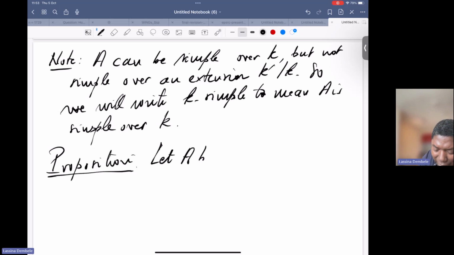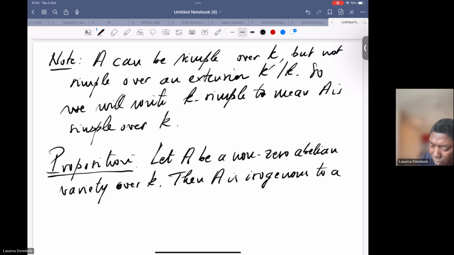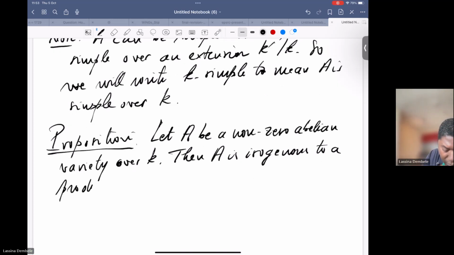So let A be a non-zero abelian variety over K. Then the proposition says that A is isogenous to a product of K-simple abelian varieties.